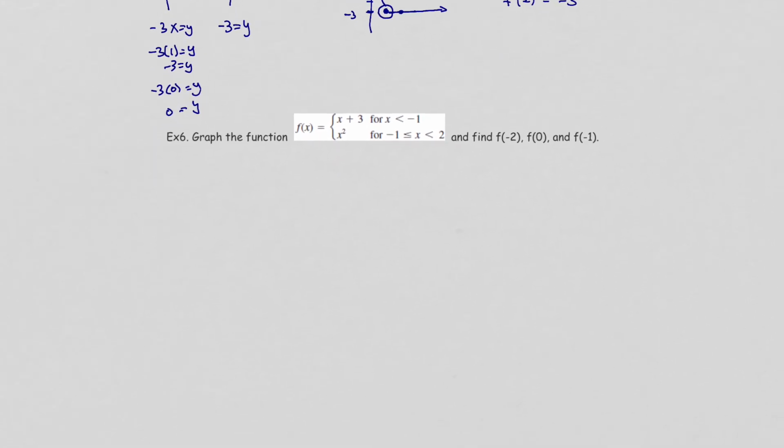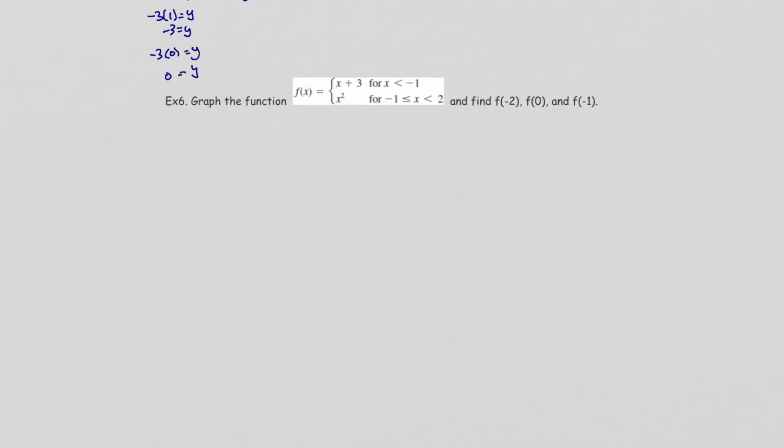Example 6, let's try one more. This time, what I know is that one part of the piecewise function is going to be linear. This one is going to be quadratic. And they have two different domains, right? So let's go. This is when x is smaller than -1. This is when x is greater than or equal to -1 and smaller than 2.